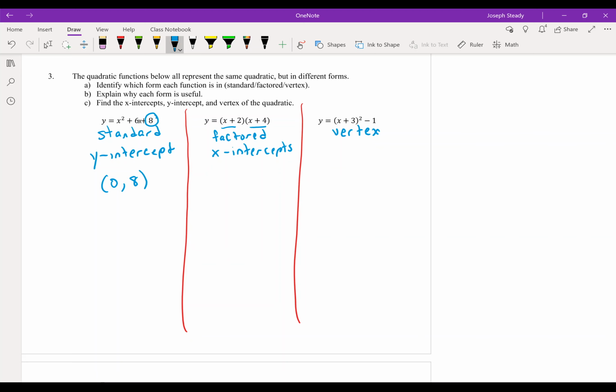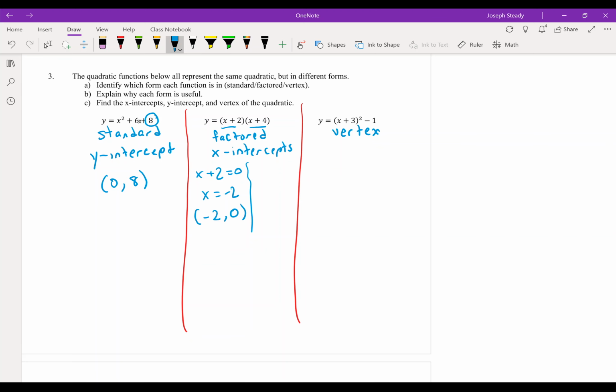Well, the reason factored form is so good at this is that if I can make one of these factors equal 0, then I don't care what the other one equals, because 0 times anything will still be 0. So I notice if I plug in -2 here, that will make x plus 2 equal 0, which means that one of my x-intercepts is (-2, 0).